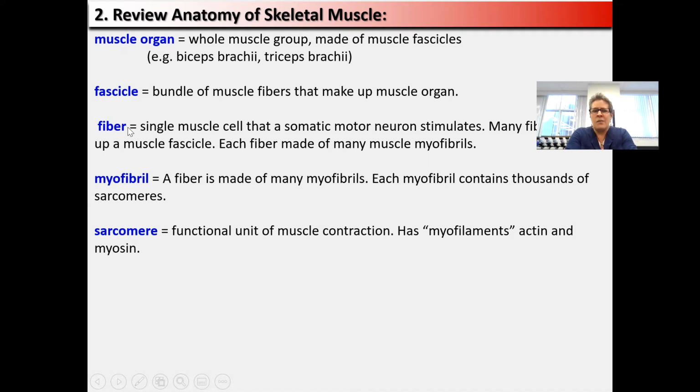And by the way, the muscle cell is what the motor neuron is stimulating by releasing acetylcholine, and it's the muscle fibers that have acetylcholine receptors on them. Okay, so a single muscle cell or fiber is made up of many myofibrils, and each myofibril contains thousands upon thousands of sarcomeres. Okay, so that's just vocab.